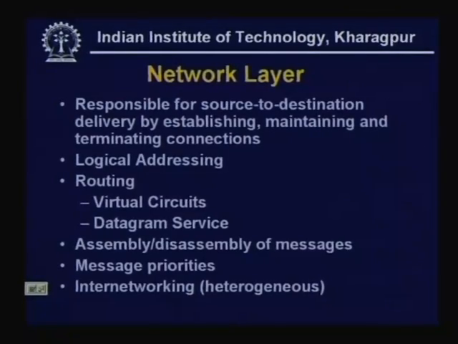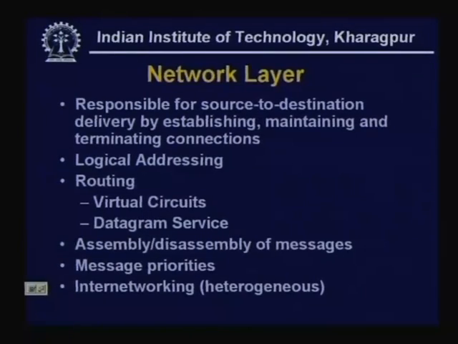Then we have the network layer. These are the functions performed in the network layer. The network layer is responsible for source to destination delivery by establishing, maintaining and terminating connections, and it deals with logical addressing. As we shall see, as part of the frame we have to put the source address and destination address, so you have to do some kind of framing, and the logical address will be part of that.